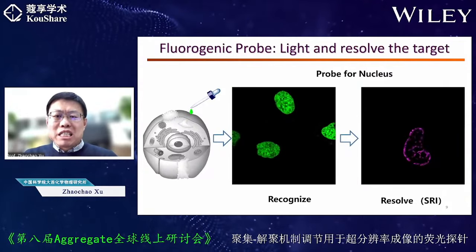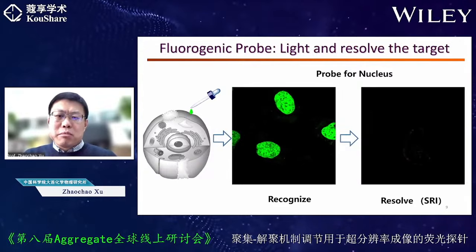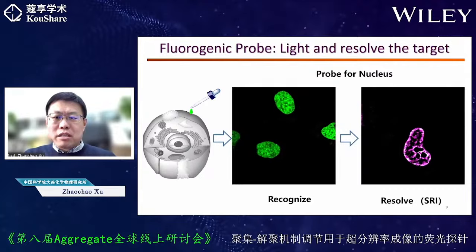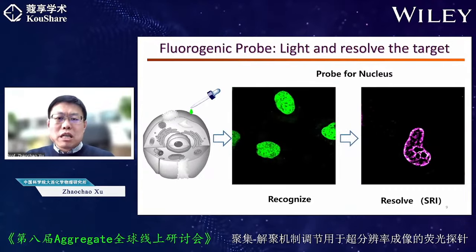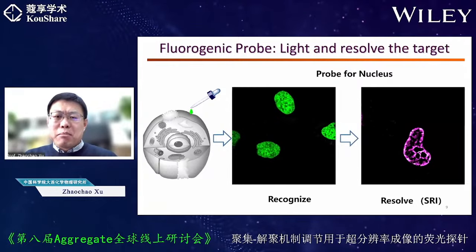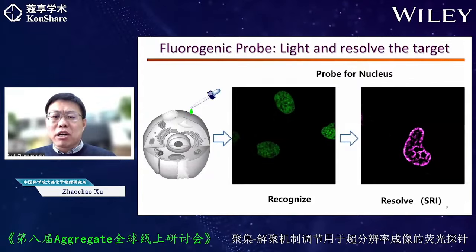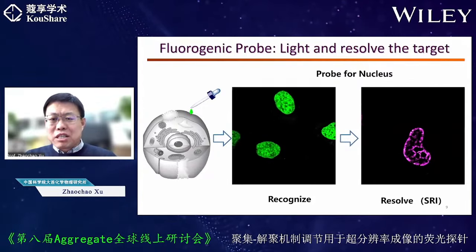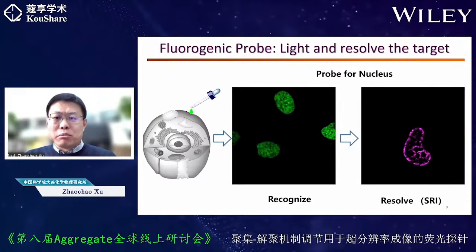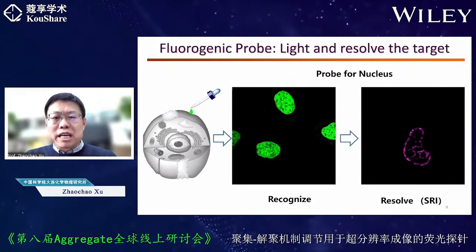For example, what is shown here is super-resolution imaging of the cell nucleus at the level of single molecules and nanometer scale resolution. Fluorescent probes must ensure specific molecular recognition without any erroneous binding to non-target molecules, as this can lead to significant misinterpretation. Such probes are known as fluorogenic probes.